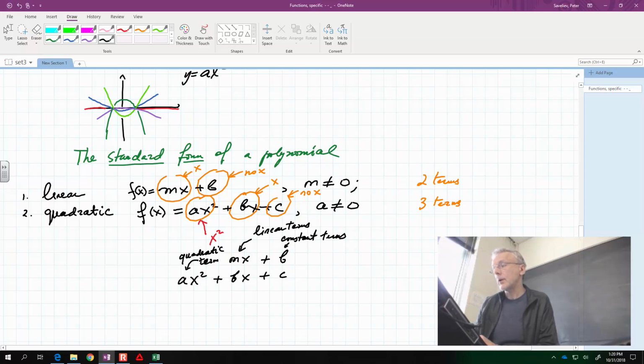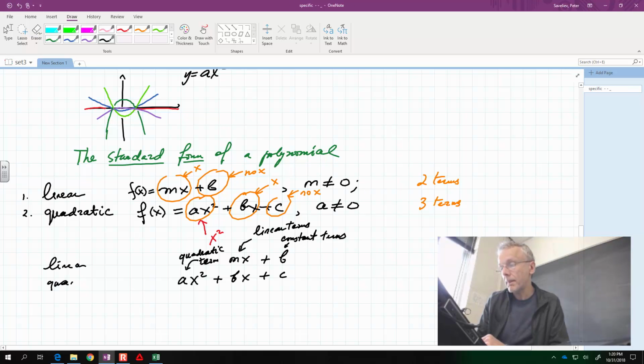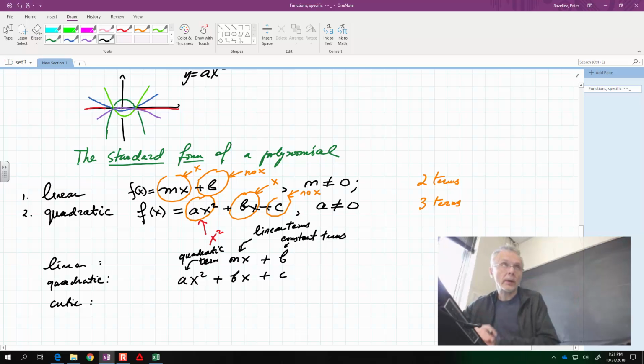Okay, so you can guess what's going to happen in the next level. So linear, quadratic, now cubic. So what does a cubic polynomial look like?